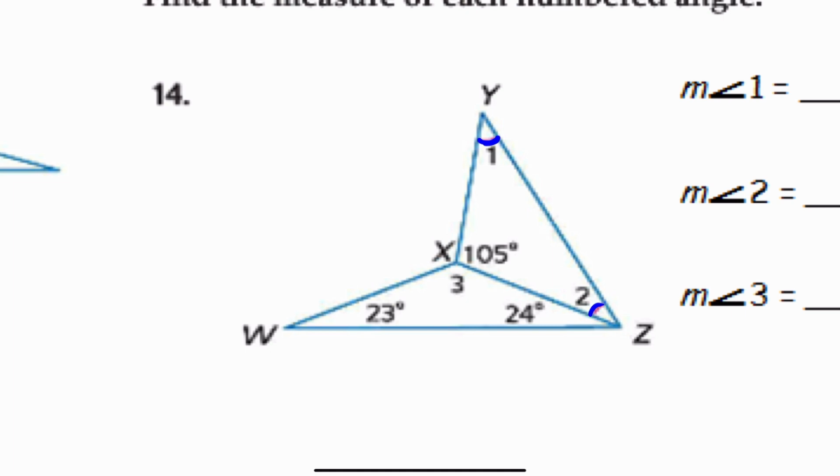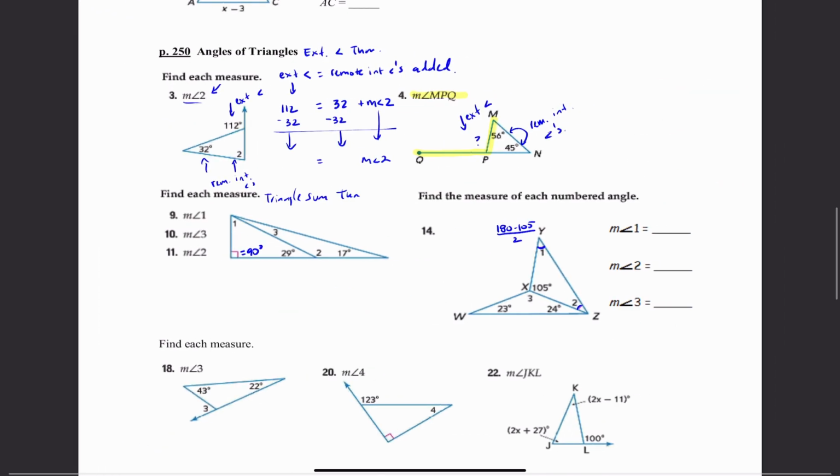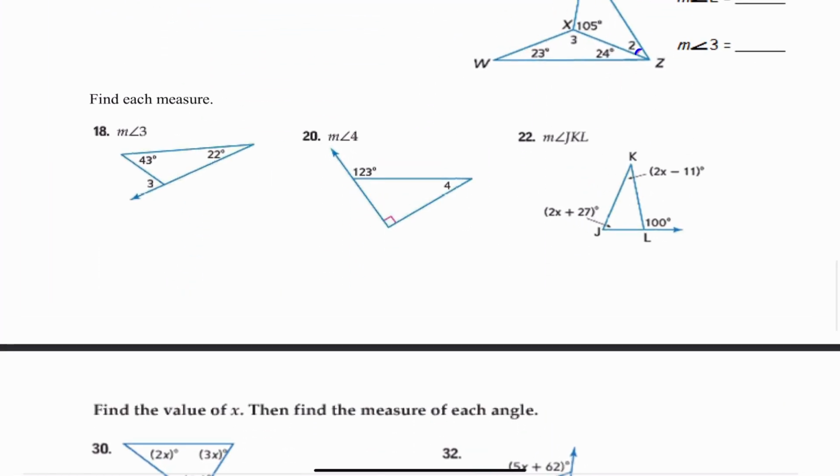So you need to do 180 minus 105, and whatever that is, you need to divide that by 2, because that's going to give you these two things here. So whatever the answer is, you put here and also here. And then finding the measure of angle 3 should be very, very straightforward. Okay, you should be able to do these problems.